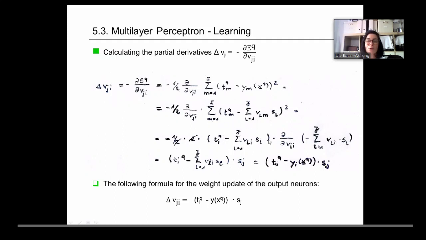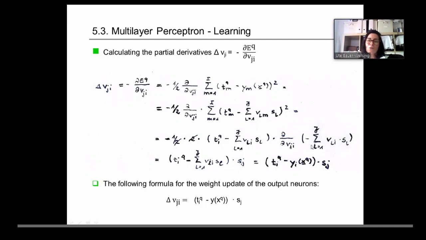However, we have to apply the chain rule, and we have to take the partial derivative of this term here, because Wji is part of the sum, right? So we have to apply the chain rule and take the partial derivative of minus, be aware of the minus, the sum from l equals 1 to J of Wil times sl. Okay.